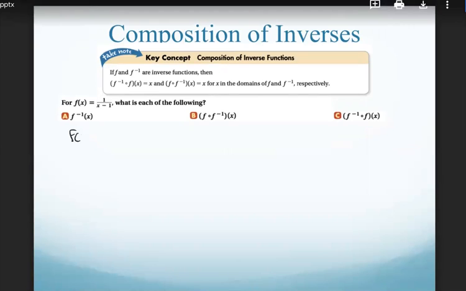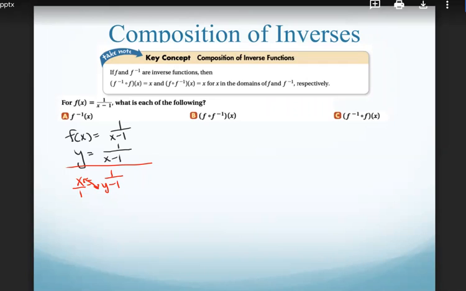F of x equals 1 over x minus 1. Y equals 1 over x minus 1. Substitute that in and switch x and y. So that's x equals 1 over y minus 1. I'm going to do this as a ratio so that we can just reciprocate both. So that means kind of like cross multiplying, right? I'm going to multiply across.